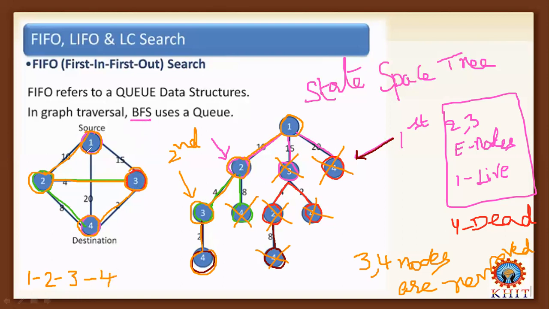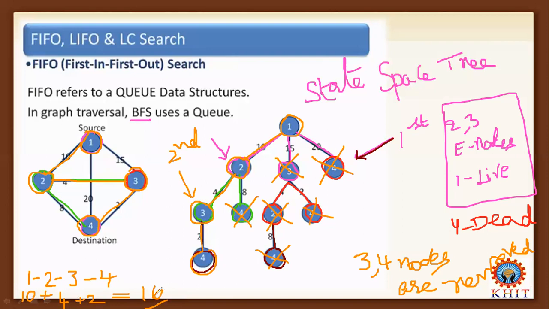The cost from 1 to 2 is 10, 2 to 3 the shortest cost is 4, and 3 to 4 the shortest cost is 2, and finally the total shortest path cost is 16. So you have generated the shortest path from the given graph, that is 1, 2, 3, 4 with a total least cost of 16.